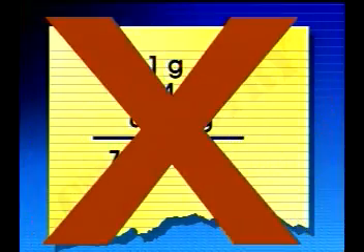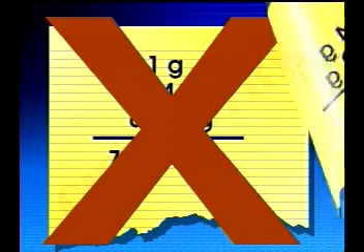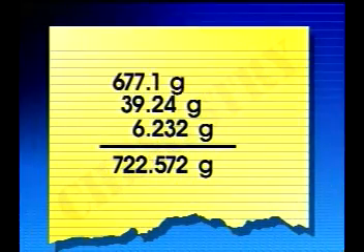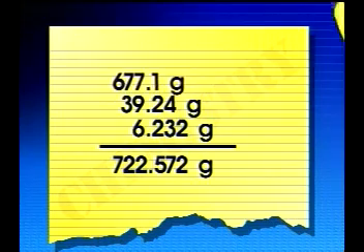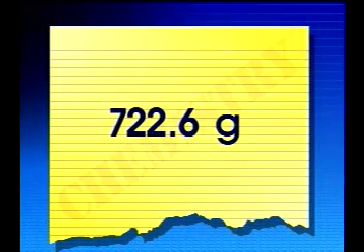This means that this sum has a certainty greater than that of the least certain measurement, which is 677.1 grams. The measurement with the least decimal places, in this case 677.1 grams, has only one decimal place. The sum we report should then have only one decimal place, 722.6 grams.